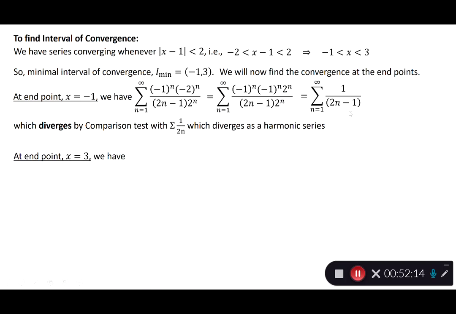Done. Now at the endpoint x equals 3, trust me, if you go back and plug x equals 3 into this, this becomes -1 to the n times 2 to the n over this thing. So the 2 to the n's cancel, you get -1 to the n over 2n minus 1. Any ideas what test to apply?